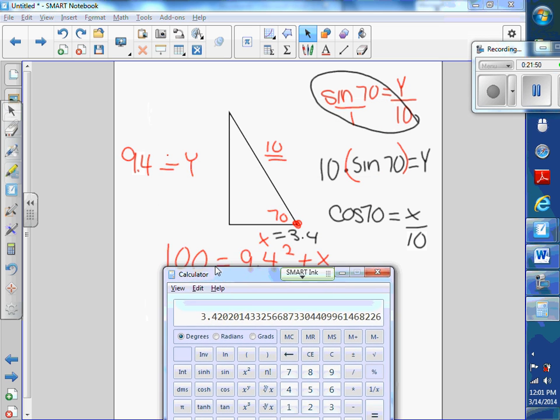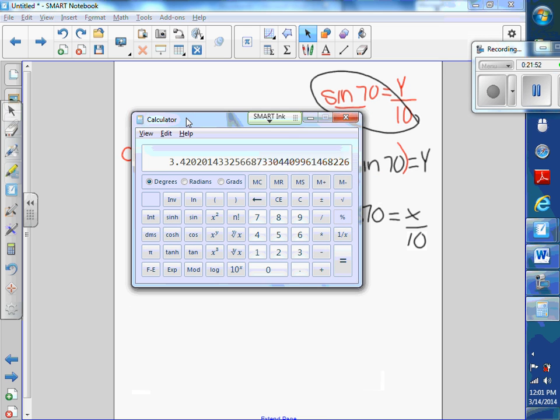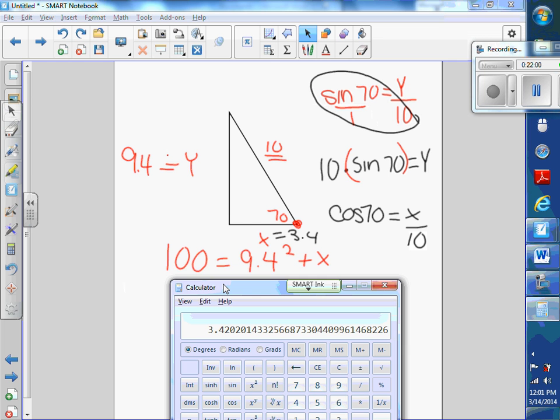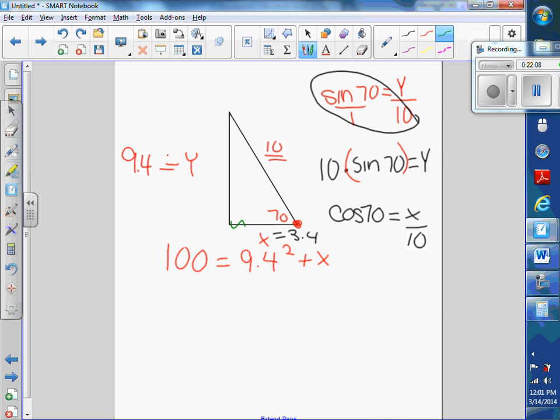Okay. Great. Stop talking and raise hands. Kevin. I'm a little confused about how you find the opposite side or the adjacent side. Okay. When you have a reference angle like 70, the two sides that form it are never opposite. It's like Pac-Man: Pac-Man's always eating the opposite side.